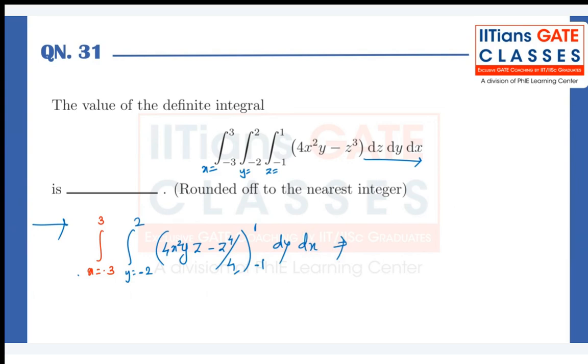Whenever you put 1 here, what will happen? This part will become 4x square y into 1 minus 4x square y into minus 1. So it will become 8x square y.